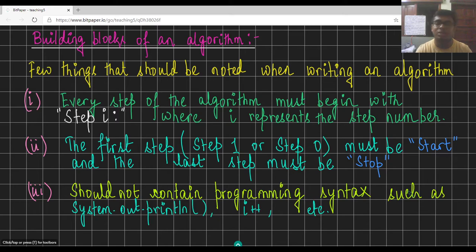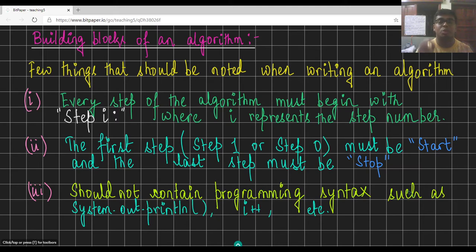Now, moving on to the third point, and it's a very important point too. An algorithm, as I discussed before, is independent of any programming languages. This is why you should never write programming syntaxes in algorithms such as system.out.println, math.pow, i++, etc. Algorithms are program independent.